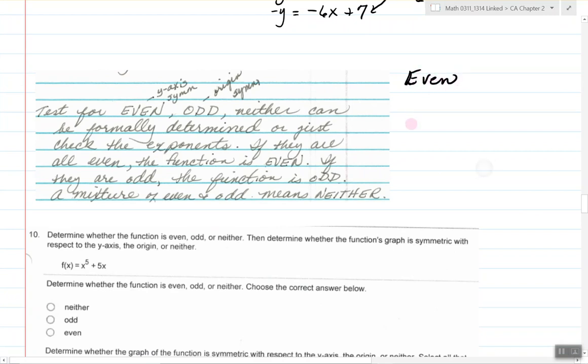Now, we're going to move on after symmetry and talk just about 2 other words that can be used to describe functions, and these 2 words are even and odd. An even function has y-axis symmetry. It's just another word for it. An odd function has origin symmetry.